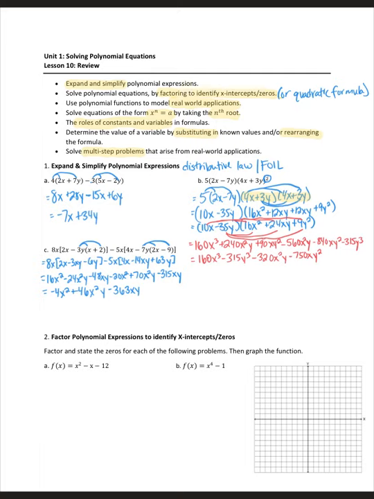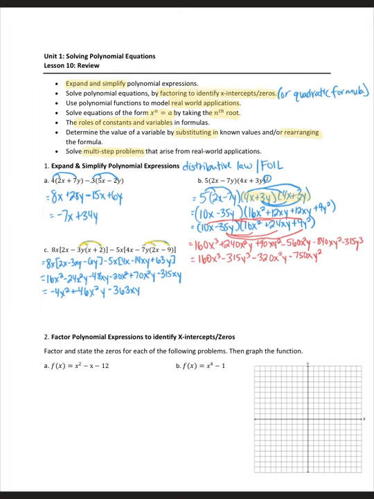On question C, we did the same as well. We expanded, or we distributed from the innermost part of our bracket, so we distributed the 3y into the brackets, and then we distributed the negative 7y over here. And then after we did that, we continued to distribute and expand and simplify. You can see the solution we got.